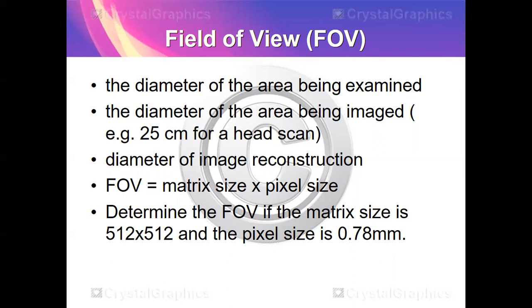So if you can remember what I have been discussing before, when they are on the same side of the equation, just like the matrix and the pixel size, they are inversely related. Pero pag nasa magkabilang equation sila, like FOV and matrix size, directly related. FOV and pixel size, directly related.